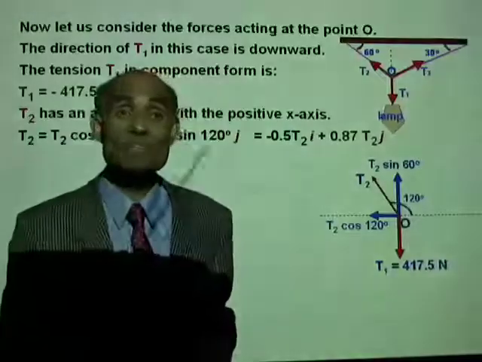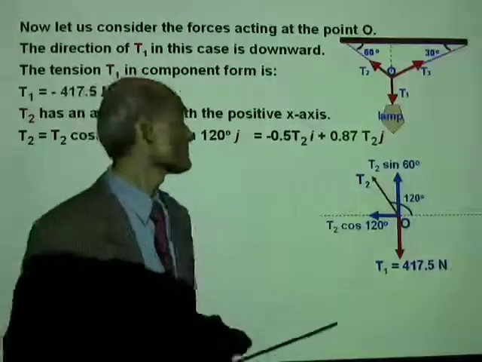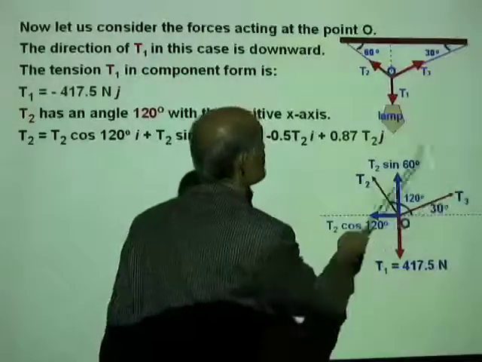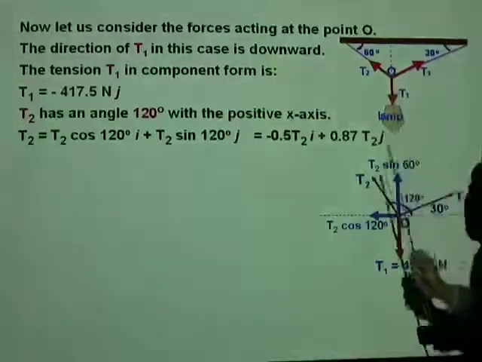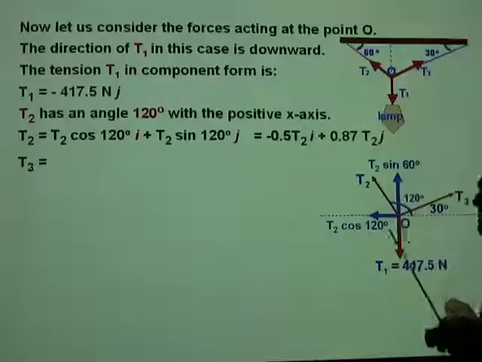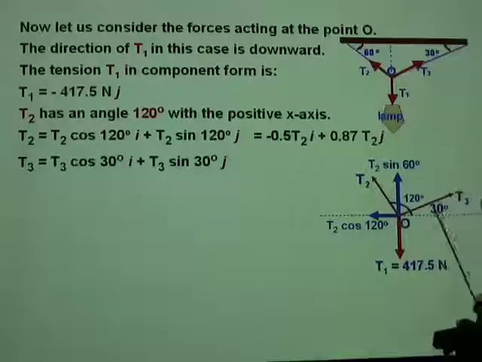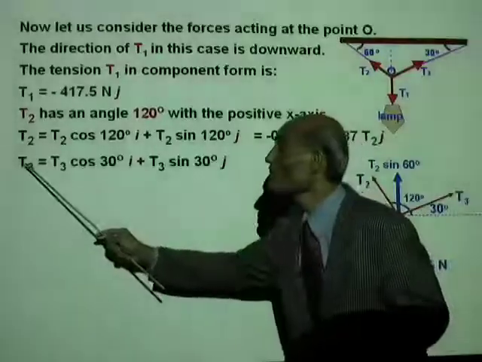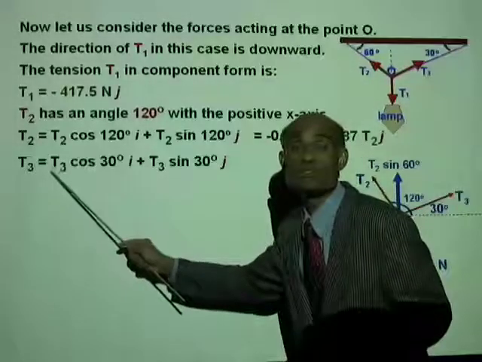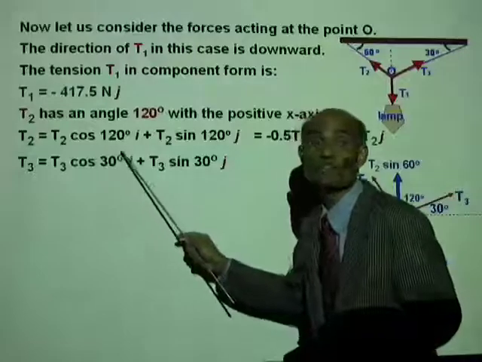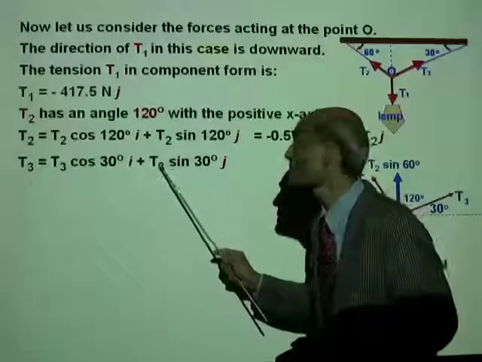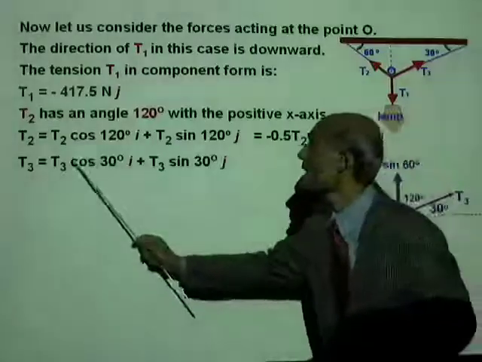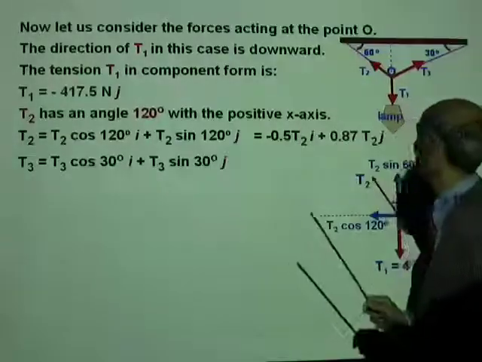Can you do the same thing with T1? Alright, not T1, T3, T1 we already dealt with. T3 makes an angle of 30 degrees with the x-axis. It means its component form is T3 equal to T3 cos 30 degrees I plus T3 sine 30 degrees J. And can you obtain these values like this?